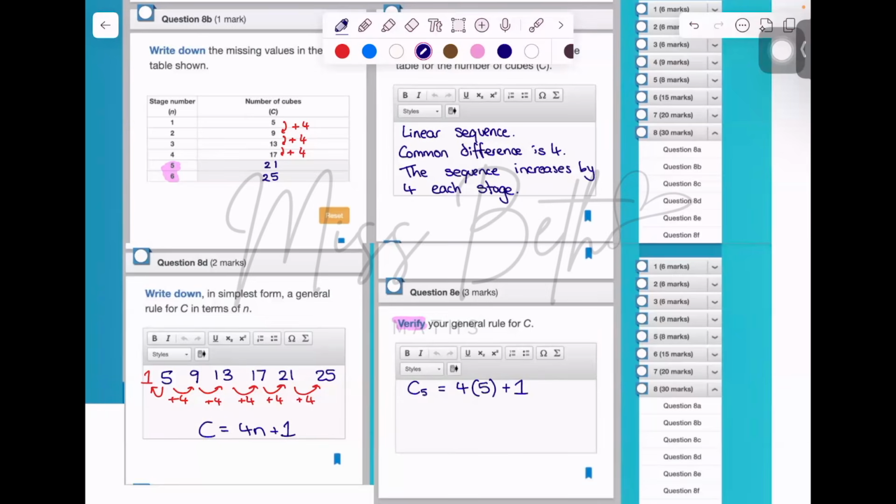All I'm doing here is substituting 5 in as my n value. So C of 5 is equal to 21. Then you must say that this matches my prediction. My rule is verified. You can repeat the process with 6, but you don't have to for the marks. So 1 is enough.